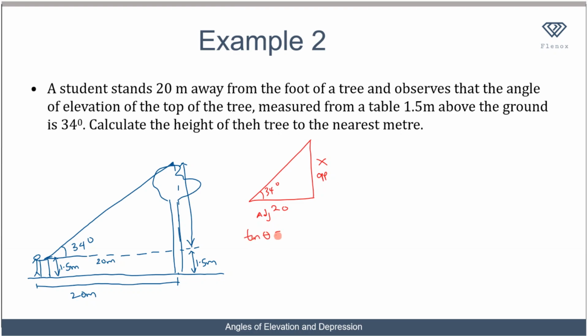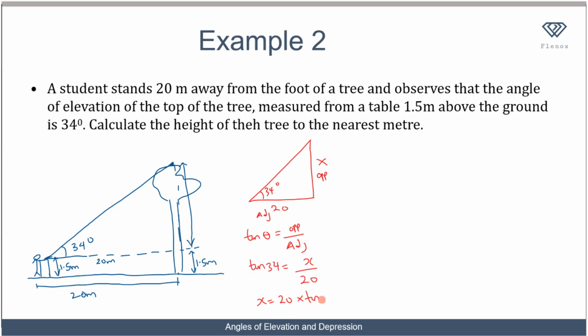So tan theta is equal to opposite over adjacent. So I can write that tan 34 is equal to opposite, in this case x, over my adjacent, which is 20. So x, which is the opposite in this case, will be equal to 20 times tan 34.